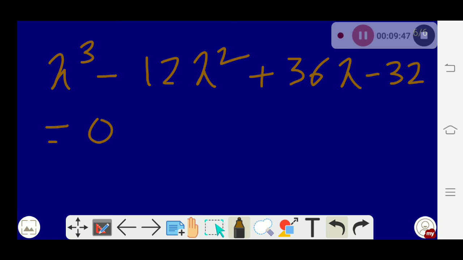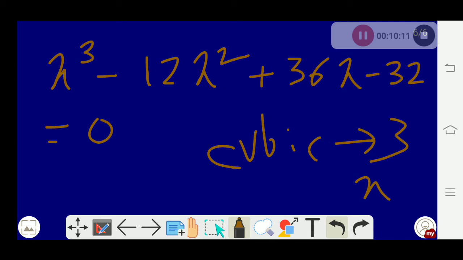I hope you remember that in a quadratic equation we get two solutions. If lambda square is the leading power, we get two solutions. For a cubic we get three values of lambda.